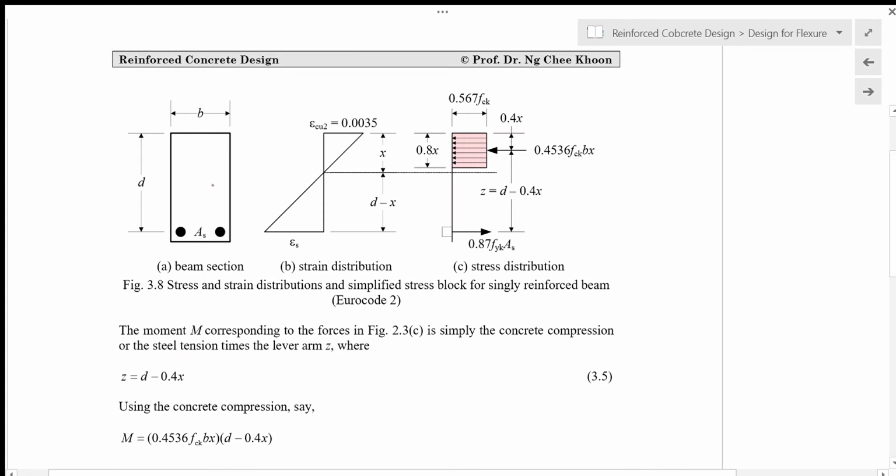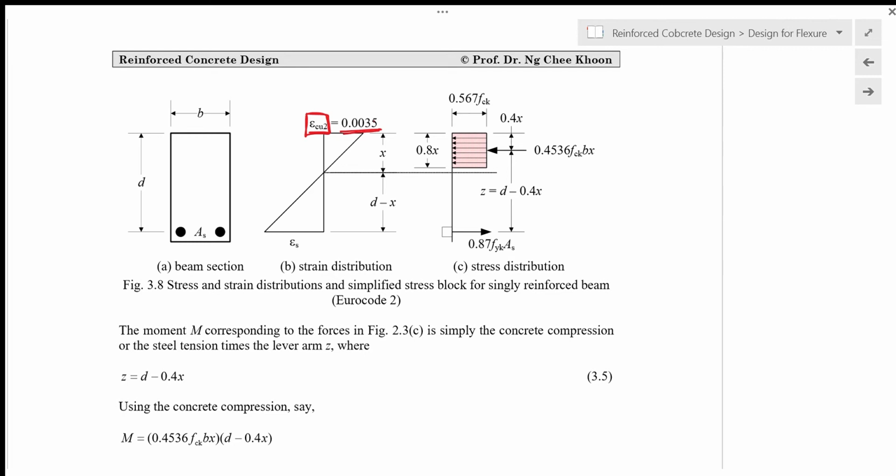Now let us look at a cross section which is rectangular, with only the tensile steel As. From the previous figure, the maximum strain in the concrete is taken as 0.0035 for concrete characteristic strength of 50 megapascal or less.